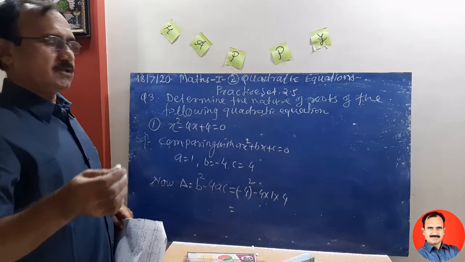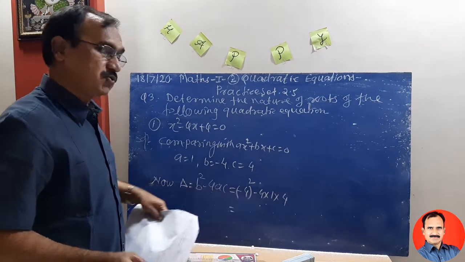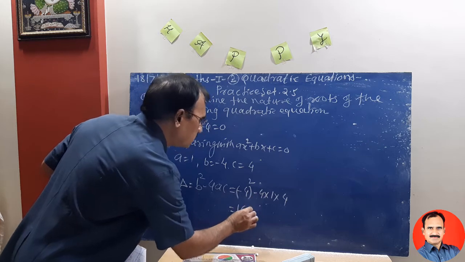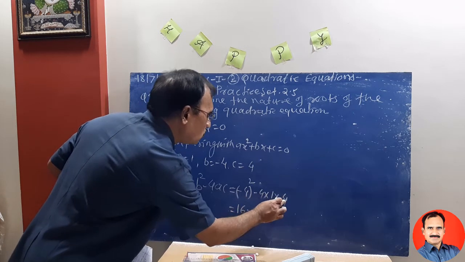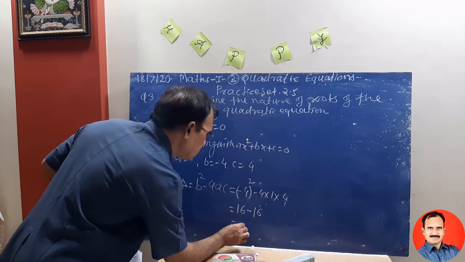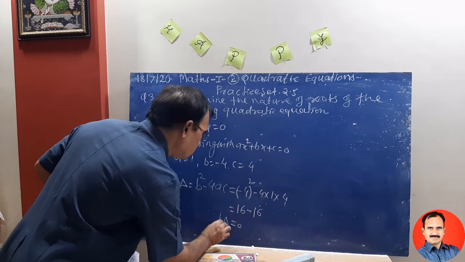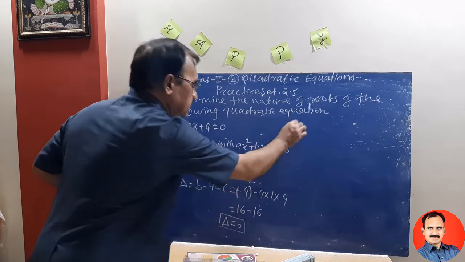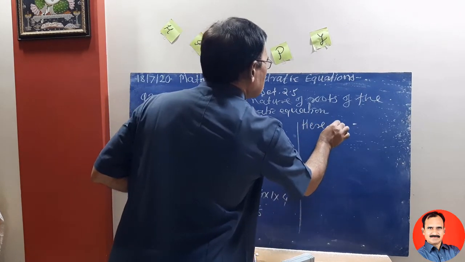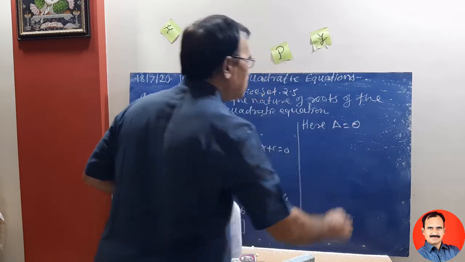The square of any positive or negative number is a positive number. Means square of minus 4 is plus 16, minus 4 into 4. 4 ones are 4, 4 fours are 16. 16 minus 16 is 0. Means here the value of delta is 0.